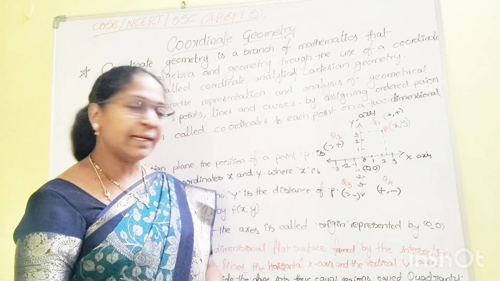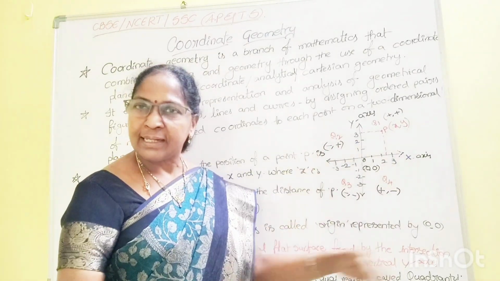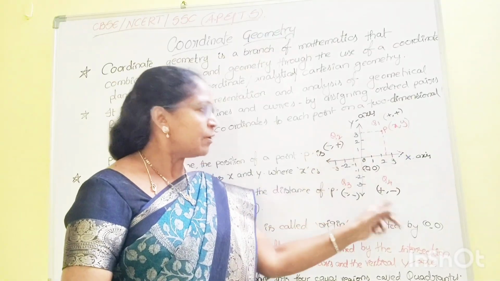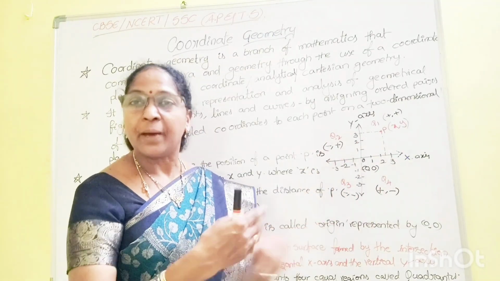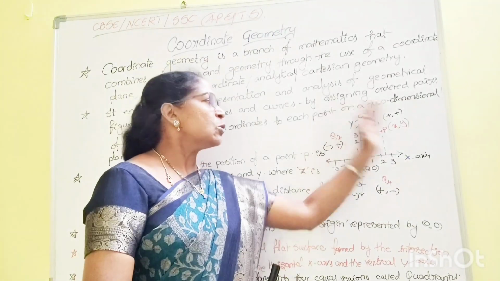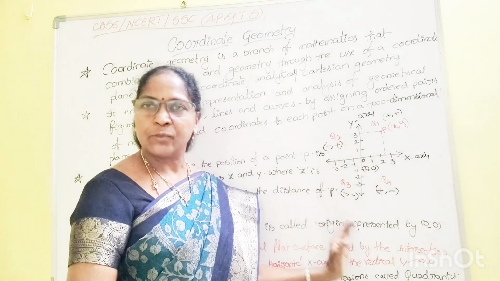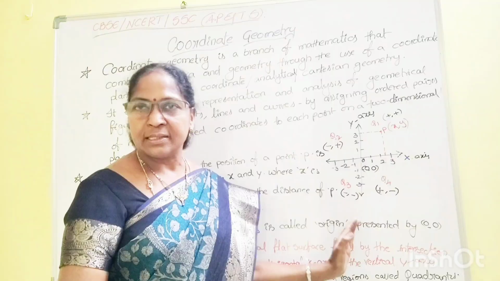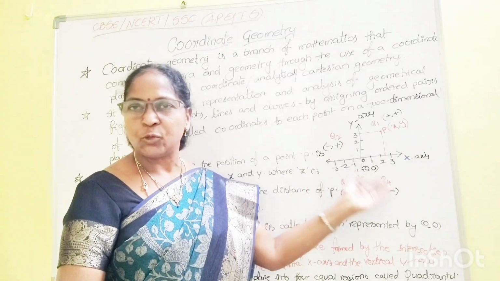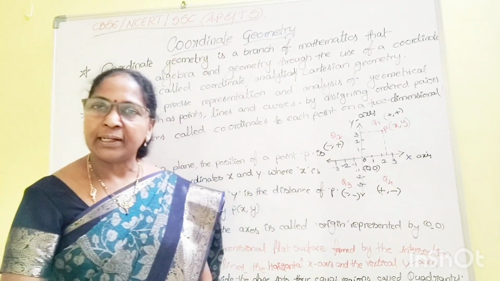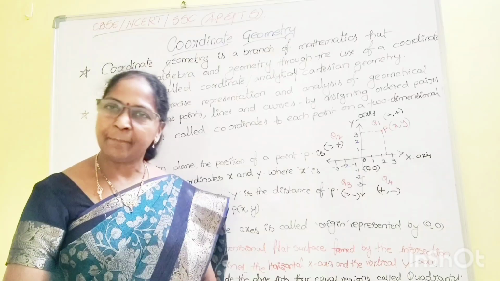It is formed by the intersection of two perpendicular lines, the horizontal line and the vertical line.